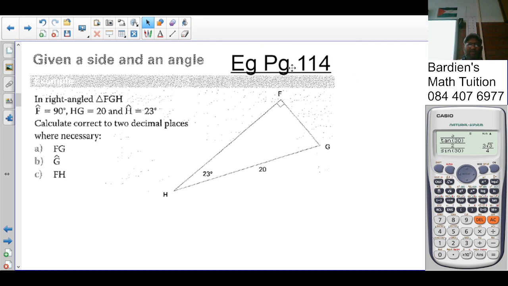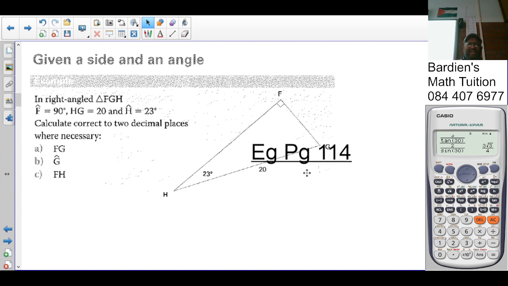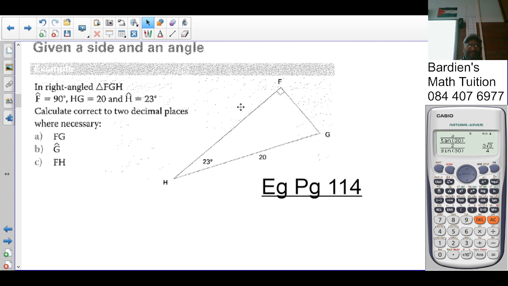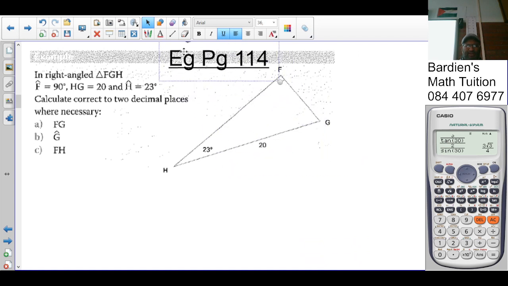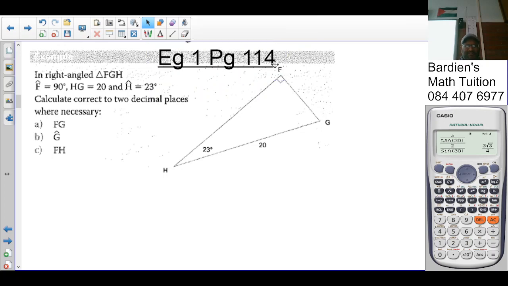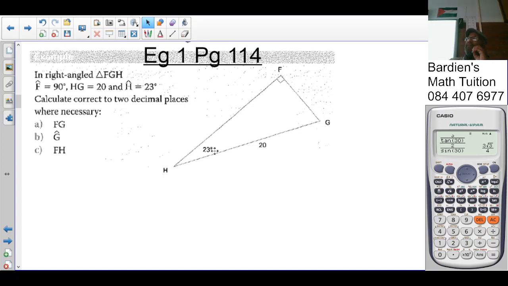So today we're going to look at given a side and an angle. Did you write that down already? Alright. So this is example 1 on page 114. We are told here, in triangle FGH. Do you see FGH? They could have given this information without drawing this triangle.